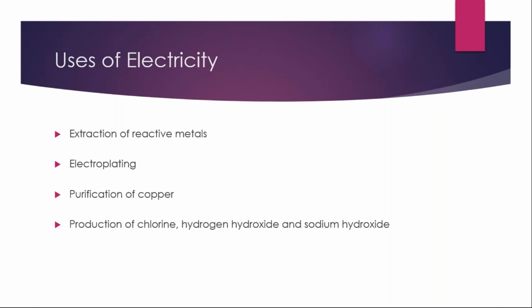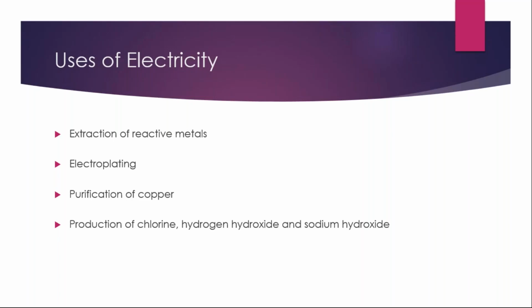We talked about extraction of reactive metals like sodium. When you do electrolysis of brine, sodium is the main product, and production of chlorine becomes the byproduct. So you build your note on that. Then electroplating, to prevent rusting and corrosion of metals.